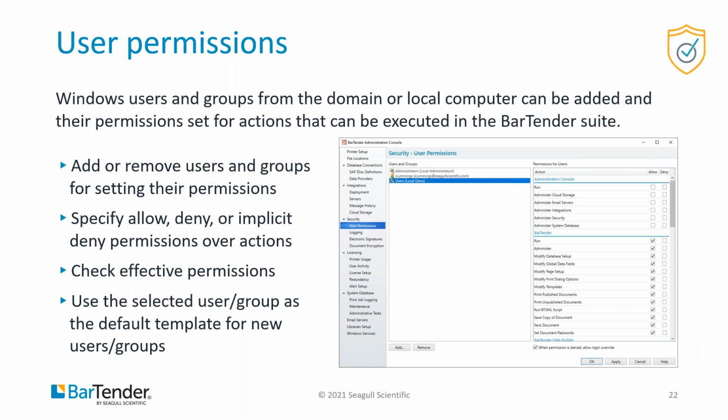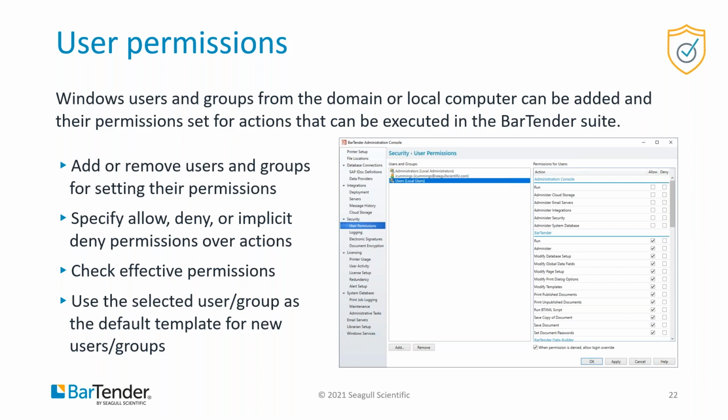So although they would be a member of the group, and therefore by default they would be denied the action, you can then explicitly allow them permission for that action. It should be noted if you explicitly deny the action to the group, then that denial cannot be overridden by a specific or an explicit allow.